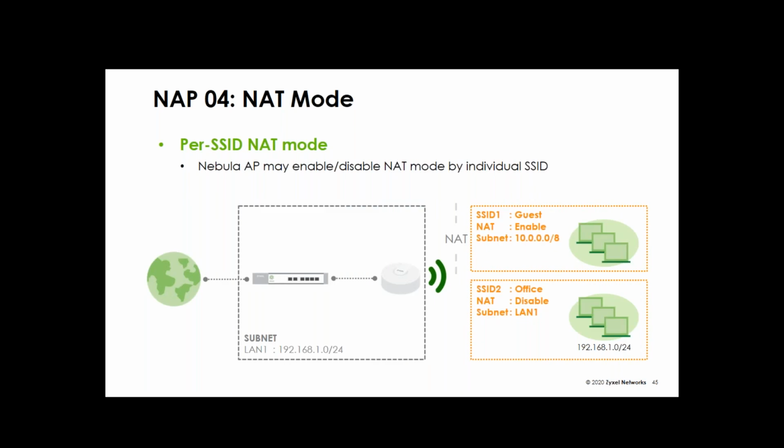There's an example here. The Nebula access point may enable or disable the NAT mode by an individual SSID. So the guests can all be NATed behind the guest SSID, but users in the office can be on a non-NATed network. So it's quite flexible.